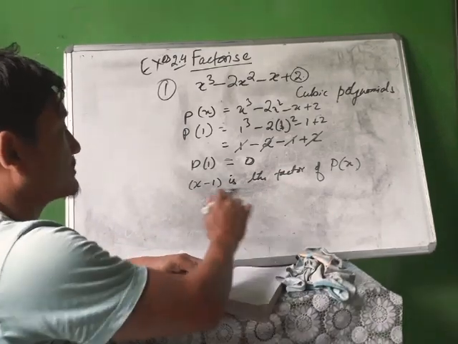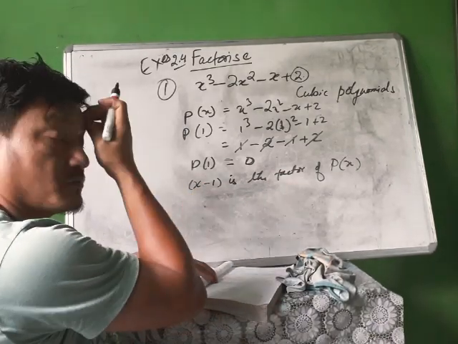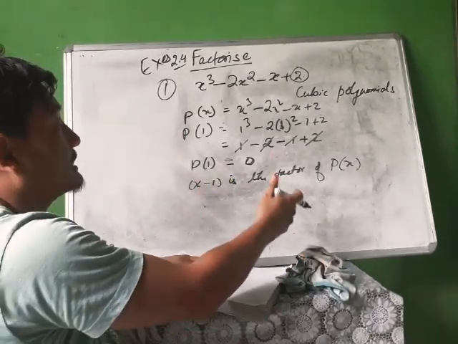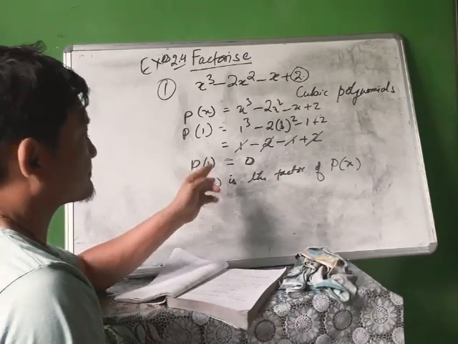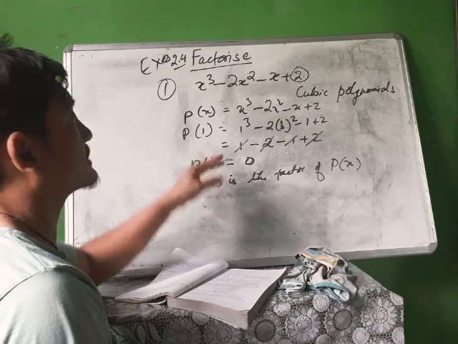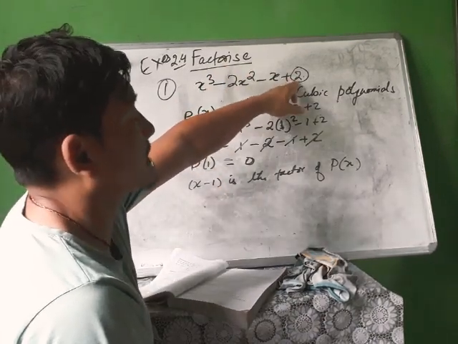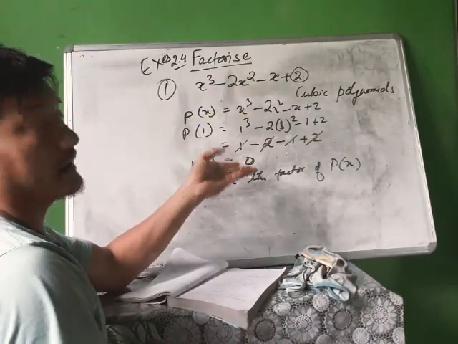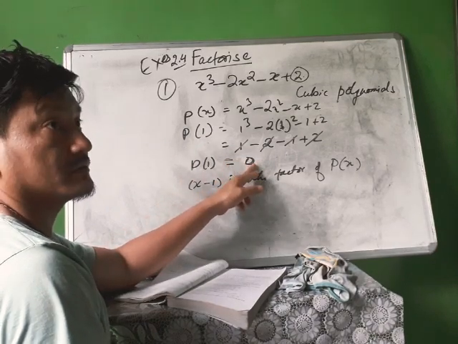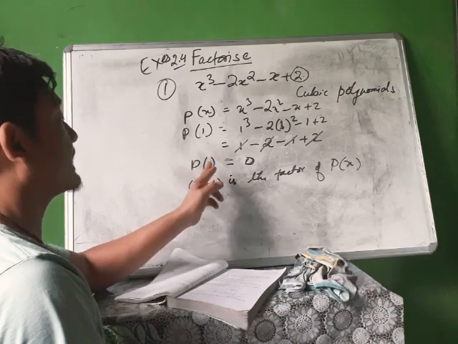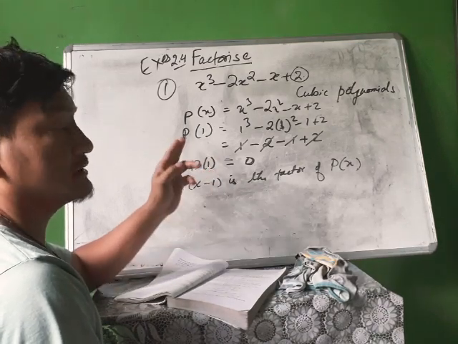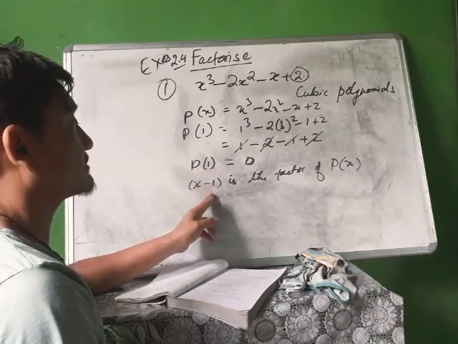So this is how we are saying that x minus 1 is a factor of p(x). Once you get the factor x minus 1, you will move on with the next step. Sometimes, after putting another factor of the last term, you might not get a value of 0. If you are not getting 0, then you will not use that number for getting a factor of the given polynomial.